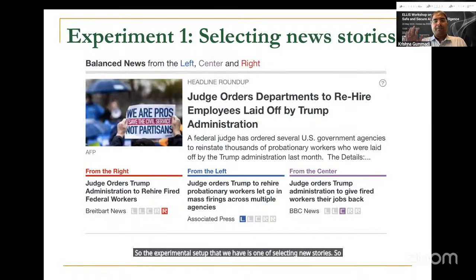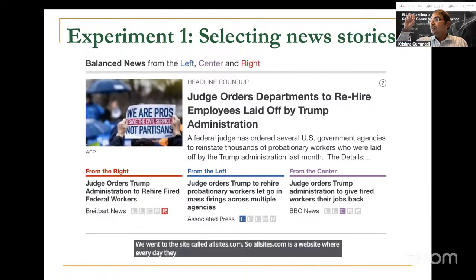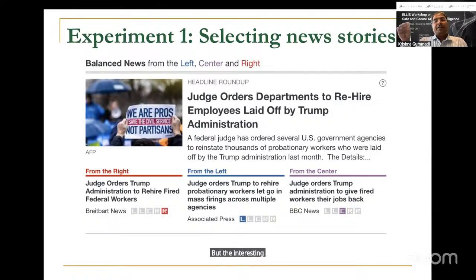Here we went to the site called allsides.com. allsides.com is a website where every day they cover the major events of the day around the world. But the interesting thing that they do is they have stories from right, left, and center leaning news media sites about how they are covering a particular event.